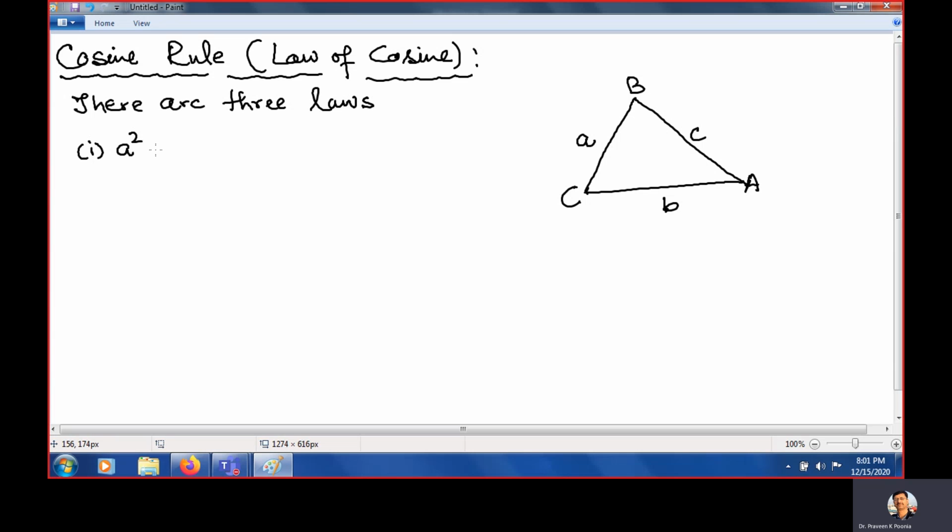What are these three laws? The first is A square equals B square plus C square minus twice of BC cos capital A. What is the second?